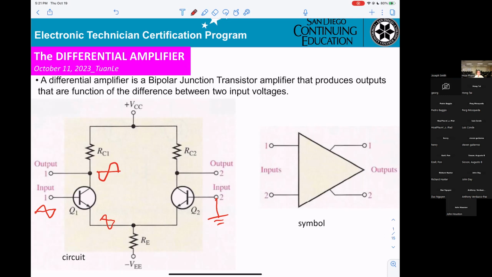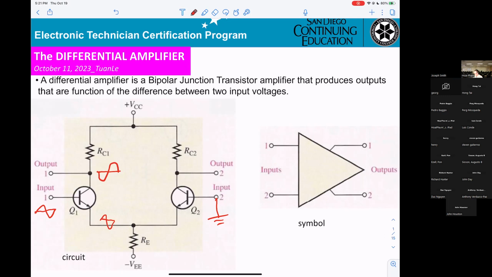The next question, what is the amplifier of Q2? Common base. Common base. You get a sine wave applied to the emitter.